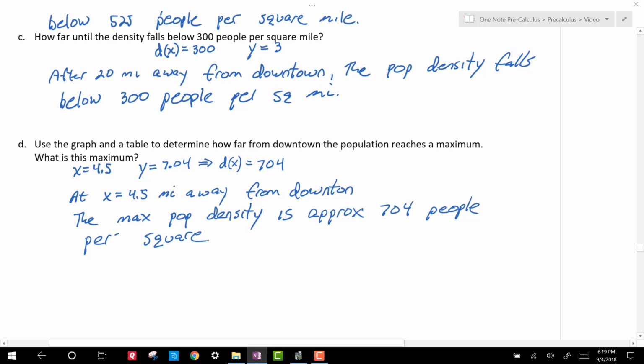Okay? So it's not just 704 people, it's 704 people per square mile. All right? Okay, we're going to stop that one there and have fun with the rest.